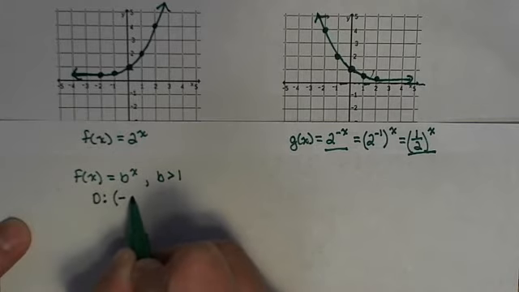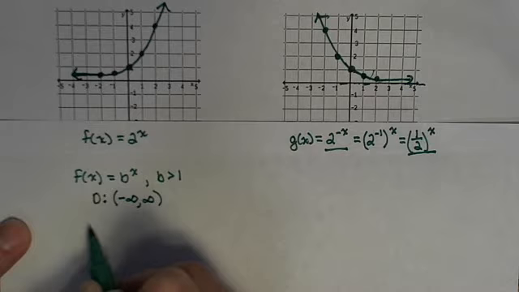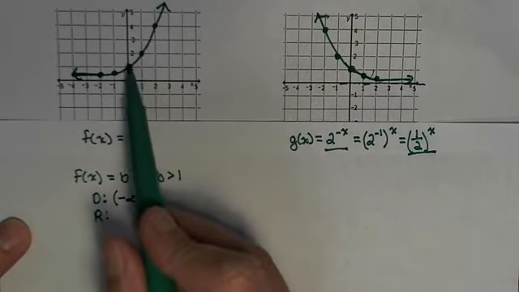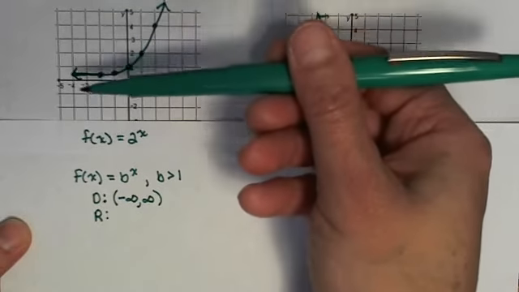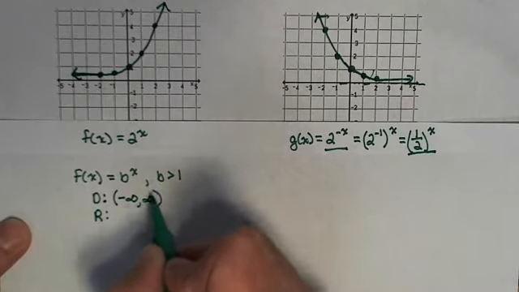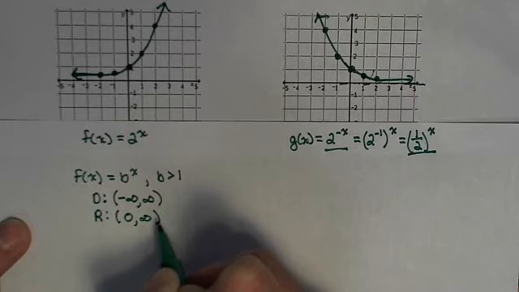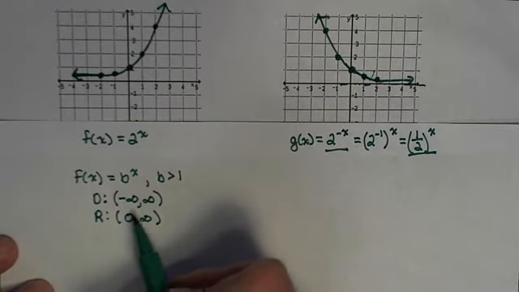So our domain is negative infinity to infinity using interval notation. Our range, however, deals with the fact that this graph never goes below the x-axis. So our range value is going to be from 0 on up. So our range is 0 to infinity. So those are a couple of things you should be able to tell me with any graph.